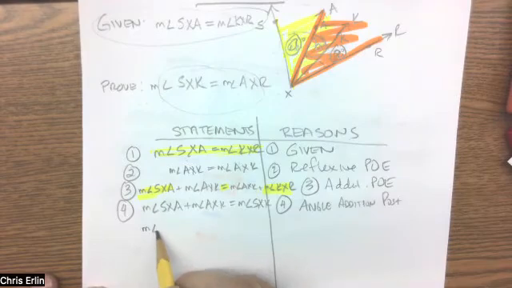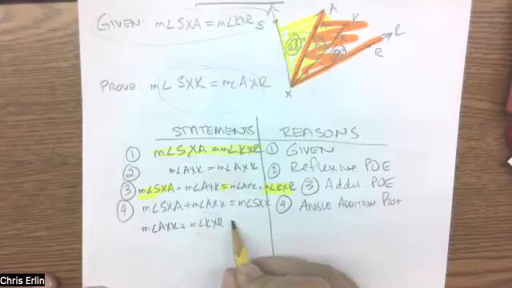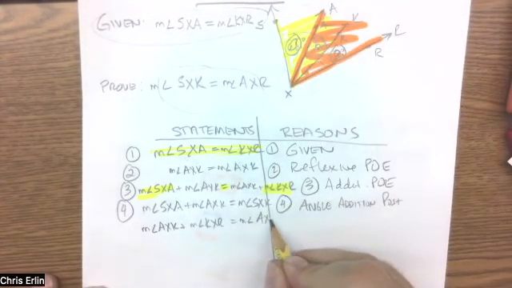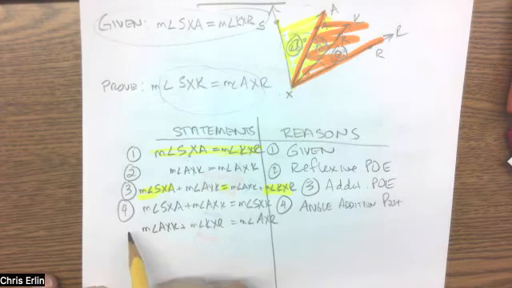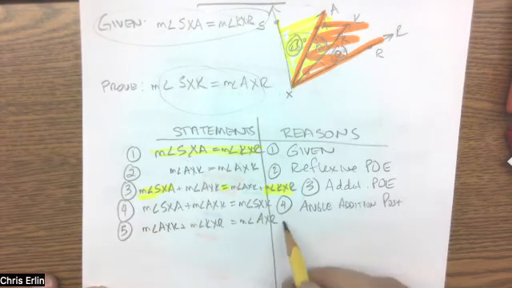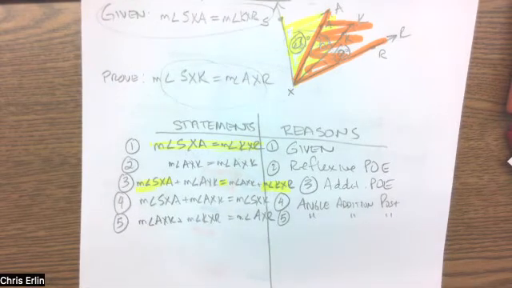We can say that the measure of angle AXK plus the measure of angle KXR equals measure of angle AXR. Cool. And we can either call that step 4 because it's also angle addition, or we could make it a new step. You have to have a different step for each new rule, but if you use the same rule twice, you could theoretically use the same step.